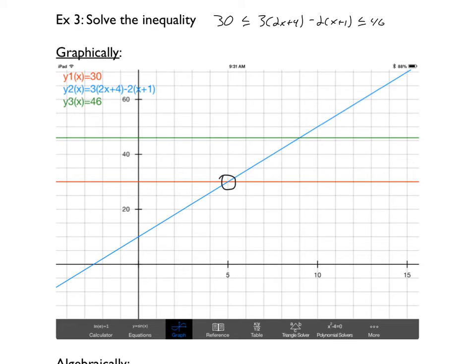So here it looks like at 5, and then there's one at 9 here. So it looks like our function exists between those two boundaries in this highlighted area. So therefore, we'd have 5 to 9.